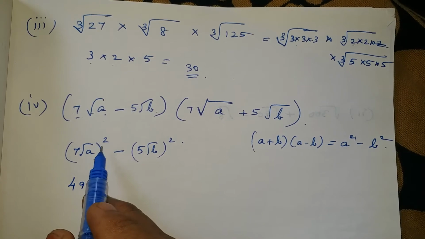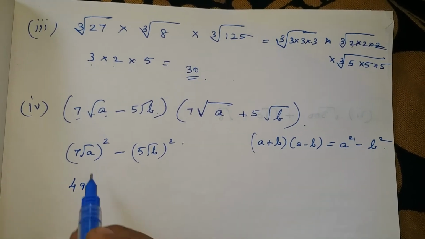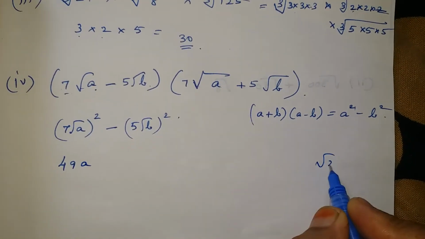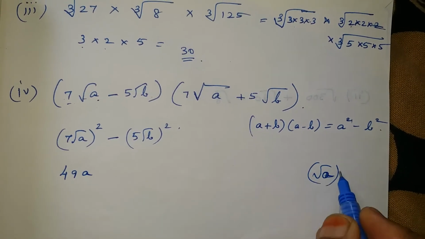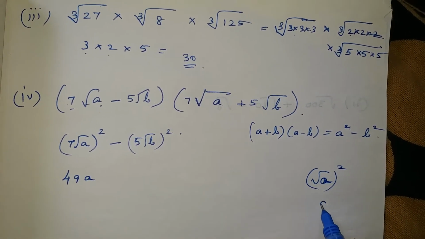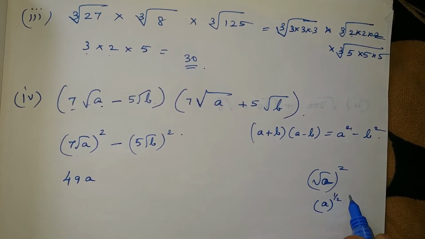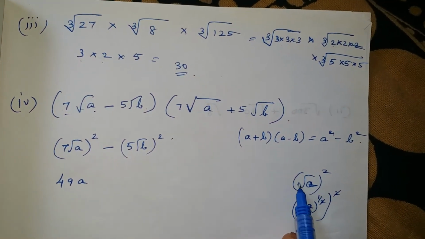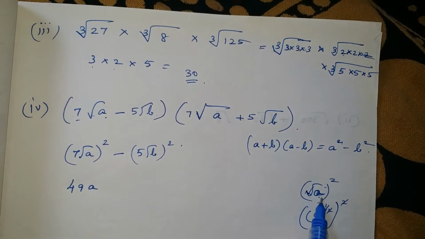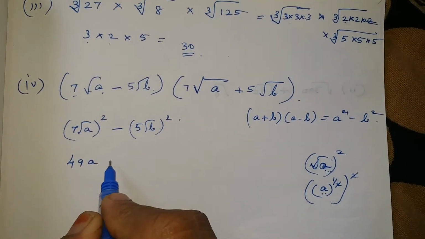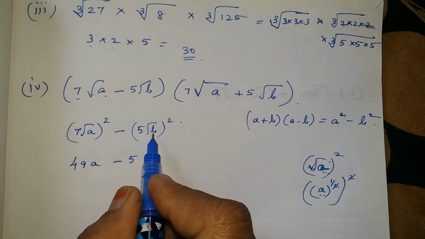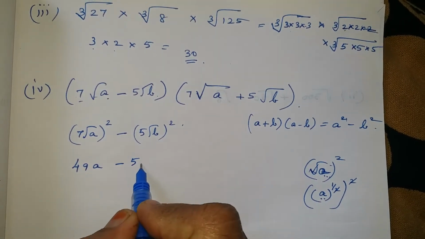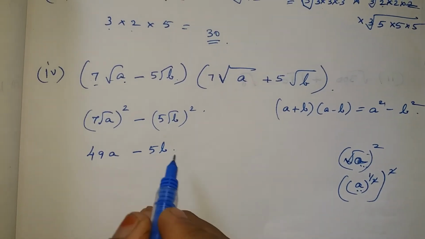Square of a square root value gives the same value. Square root of a the whole square can be written as a power half the whole power 2. 2 gets cancelled, so you will get a. Whenever you square a square root value, you get the value inside. So it is 25, and root b the whole square is b. So your answer is 49a minus 25b.